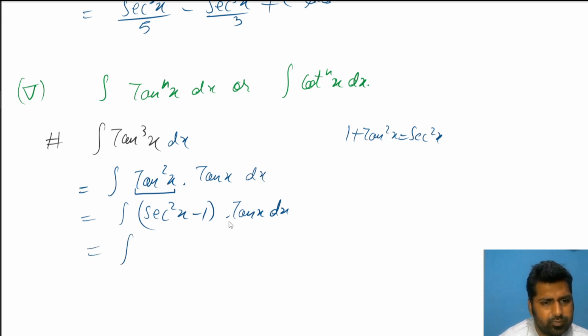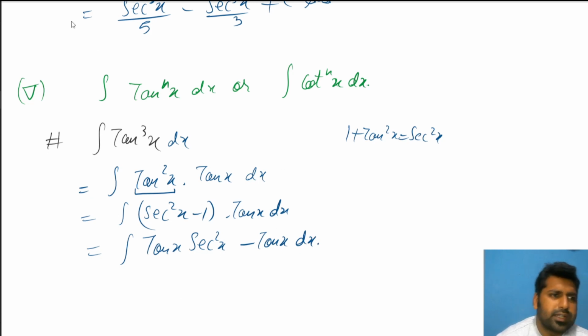Multiply this. So sec square x into tan x, I'll write tan x first, you'll see why. In a product, whichever one I want, I can write first. So I'm writing tan x first. Minus tan x, dx.